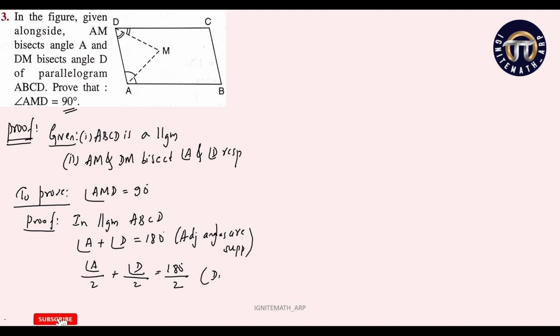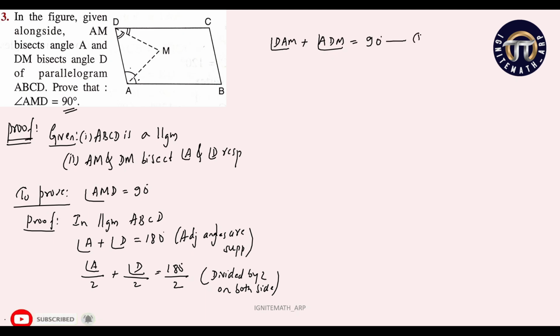Here I have divided by 2 on both sides. Half of angle A, I can take this angle, so I will take it as DAM. Half of angle A is DAM plus half of angle D is ADM, equal to 180 by 2, which is 90. I call this equation 1.